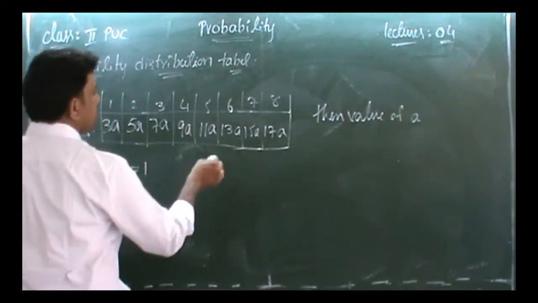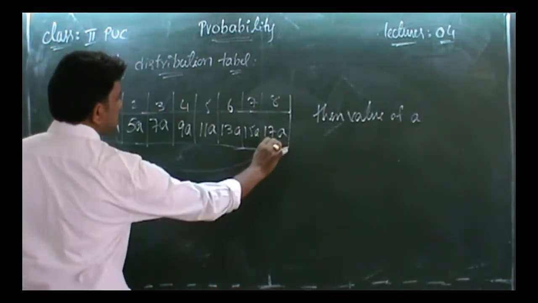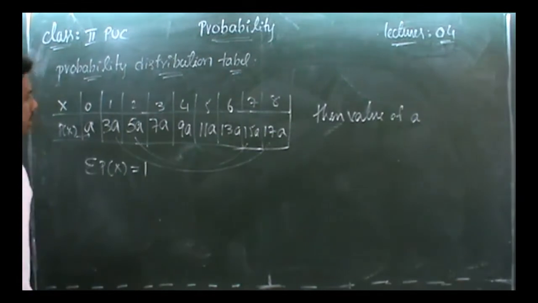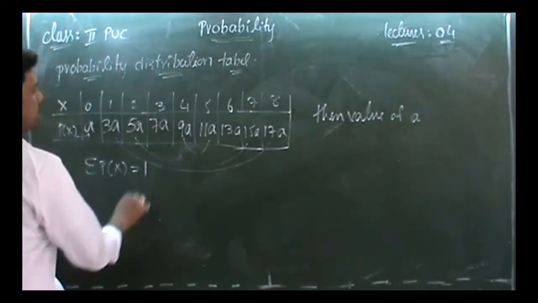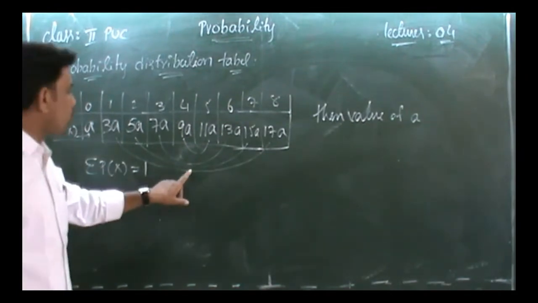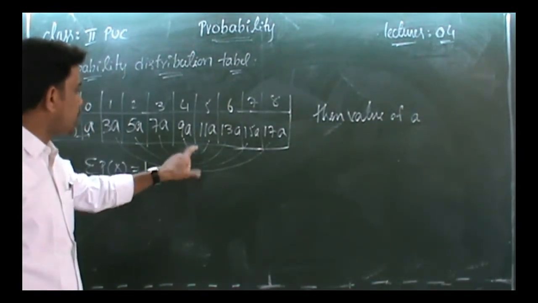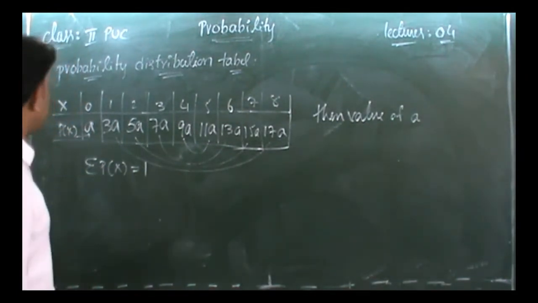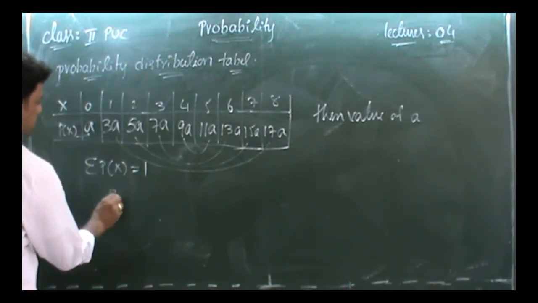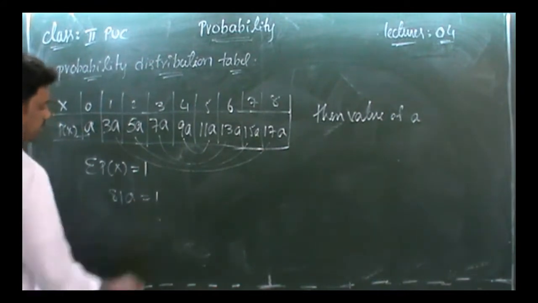So, how, sir? See, we can do the addition. Here 3 plus 17 is 20. 5 plus 15 is 20. 9 plus 11 is 20. 7 plus 13 is also 20. Here how many 20s are there? 1, 2, 3, 4. Up to here, 80. And this one is 1A. So 80 plus 1A is 81A equal to 1.